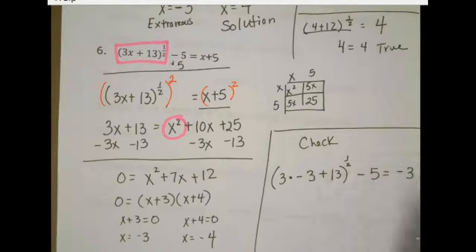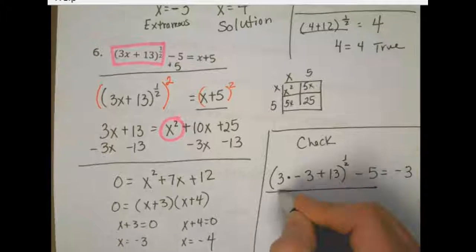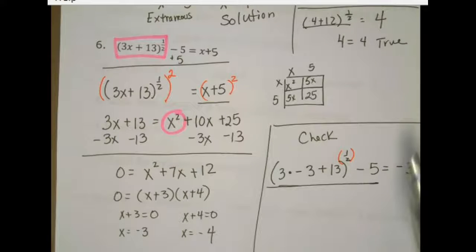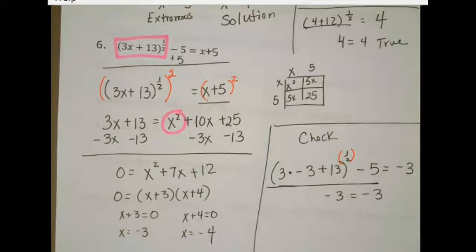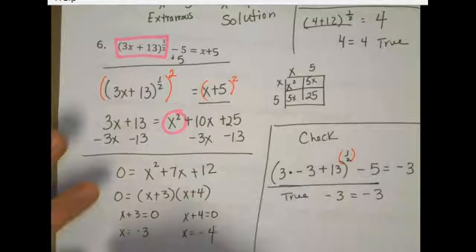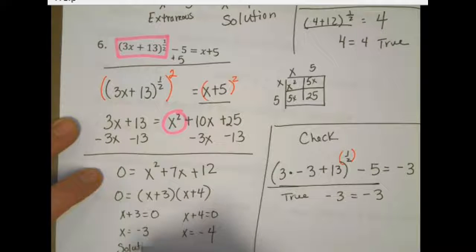So this would be, put all of this in your calculator. Remember that if you use a 1/2, you have to put a parenthesis around it. So this is true. So this is a solution.